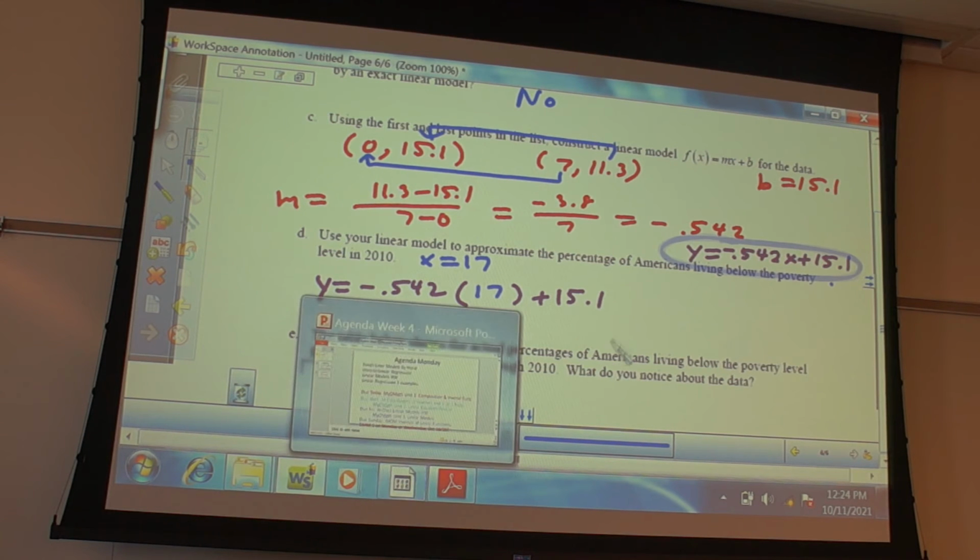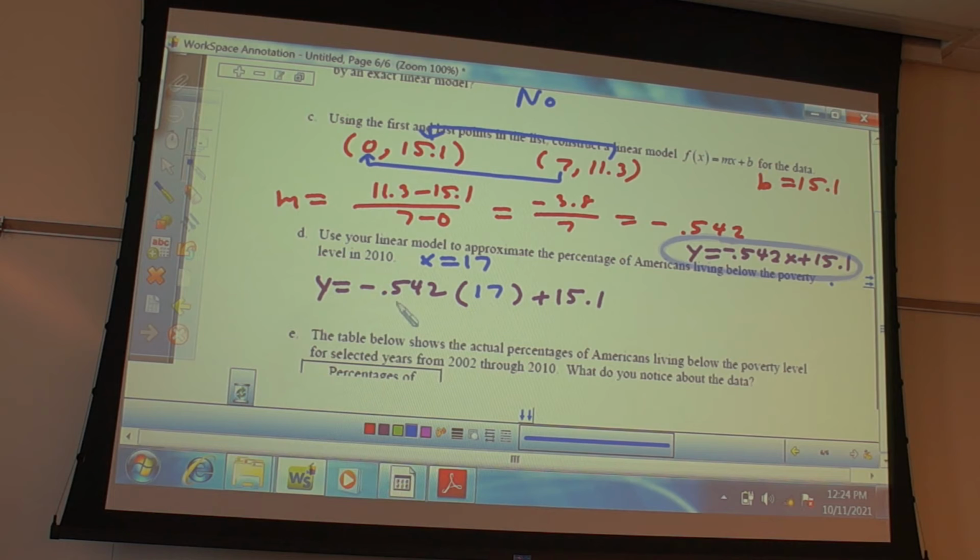You multiply 17 times negative 0.542, which is 9 point something, so you should get something around 5 or 6. What do you guys get? 5.886, so that would round to 5.89.